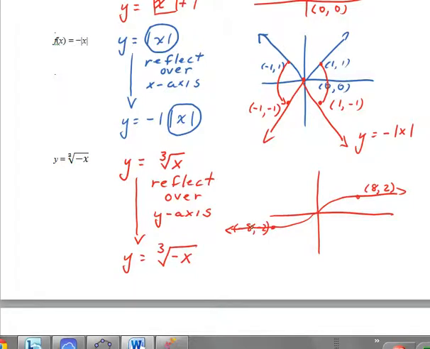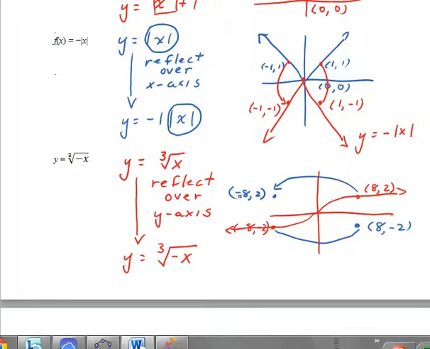Now, when we reflect the points over the y-axis, the origin will stay where it is, but the other 2 points will have their x coordinates replaced by the opposite. So 8, 2 will go to -8, 2, and -8, -2 will go to 8, -2.